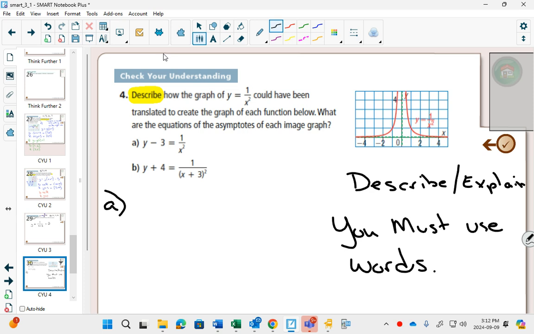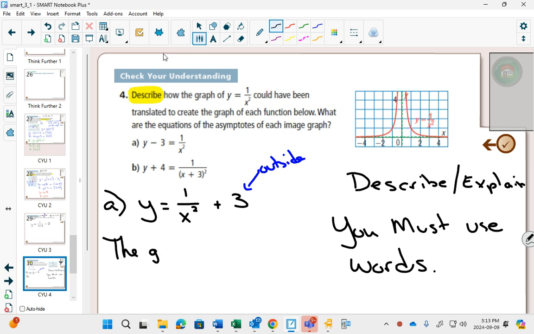Okay, I'll be okay. So, first of all, describe it. First thing I would do is I like the y all by itself. So I would take the time to move the +3 to the other side. For me, it really shows that that +3 is outside the function. Everything outside is vertical.